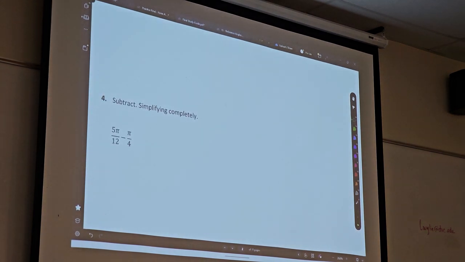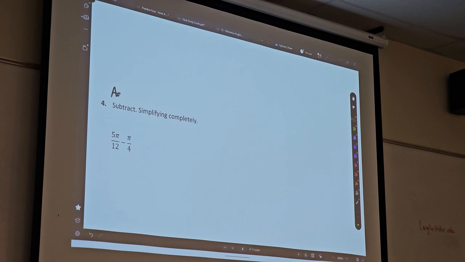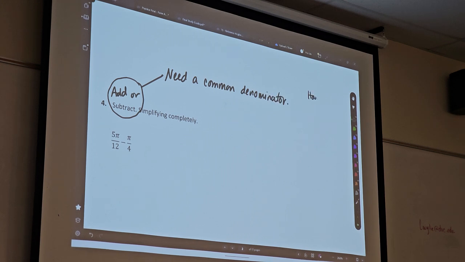When you're adding or subtracting fractions, I'm sorry, you need a common denominator, right? The numerator is how many slices you have.